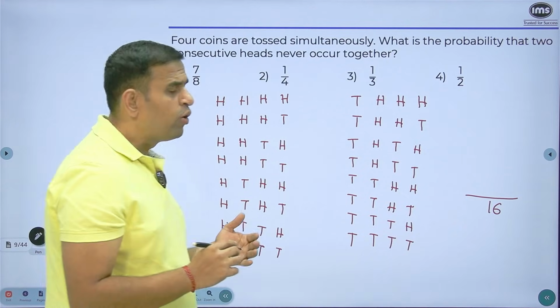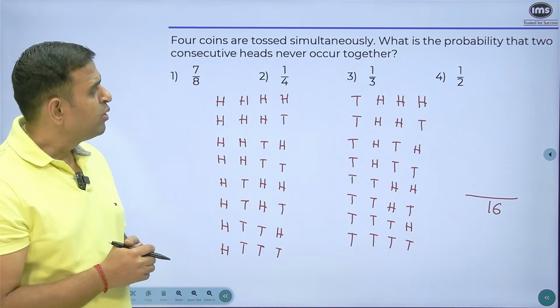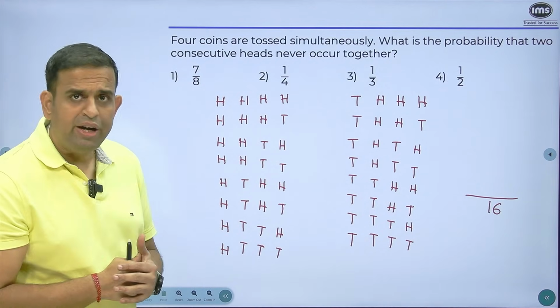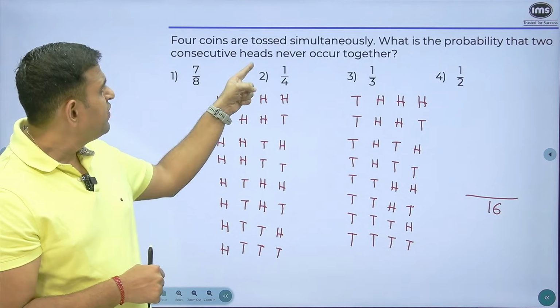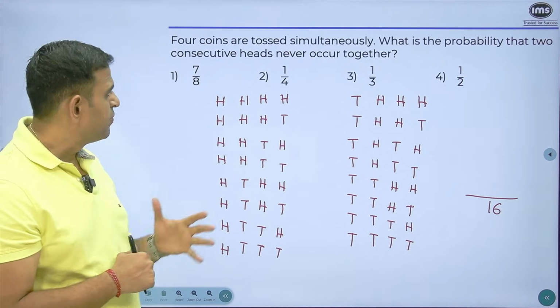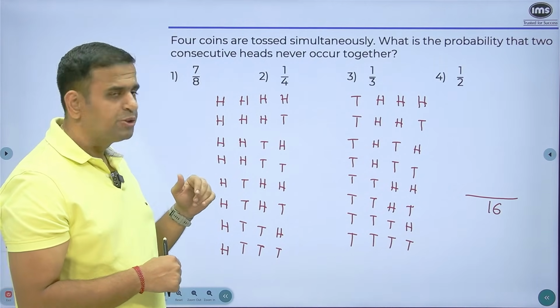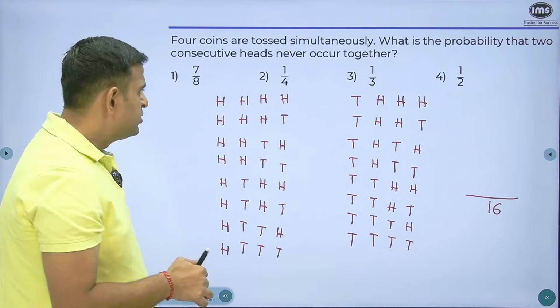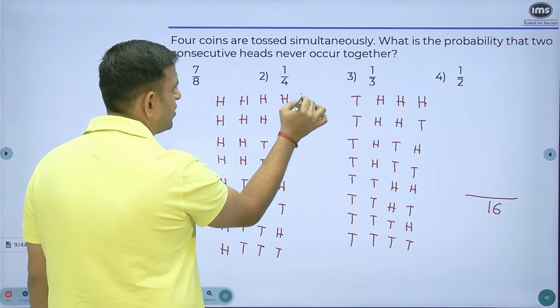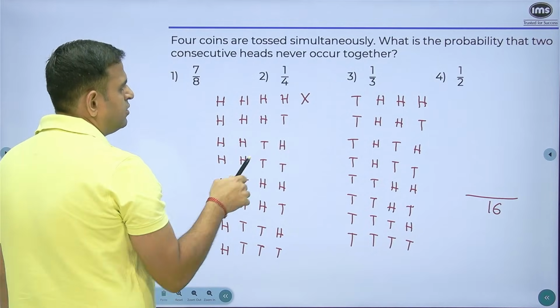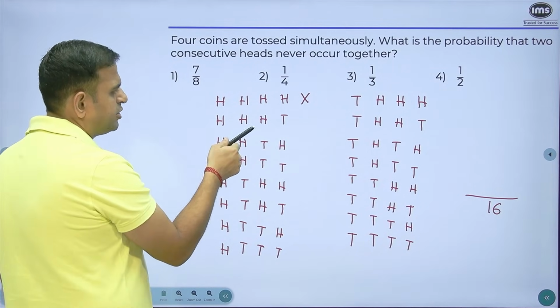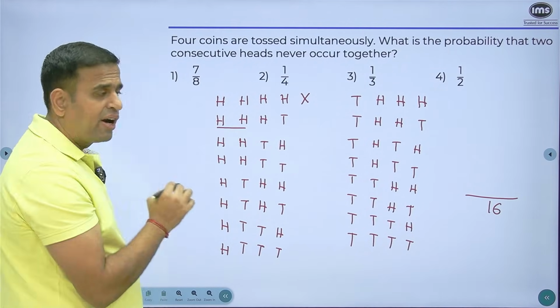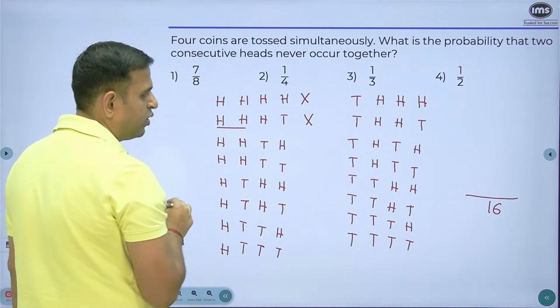Now, among those, I want to remove those cases because they are saying we need to find the probability that two consecutive heads never occur together. If I look at the first one where I can see 4H, two consecutive heads are occurring together, so this case can simply be ruled out. The next one again, I can see 2H coming together, so this case is also ruled out.